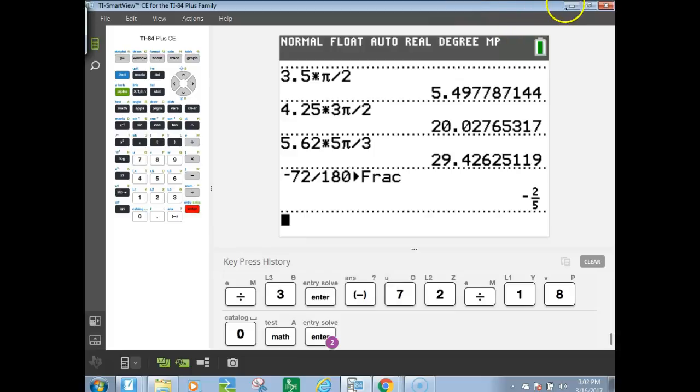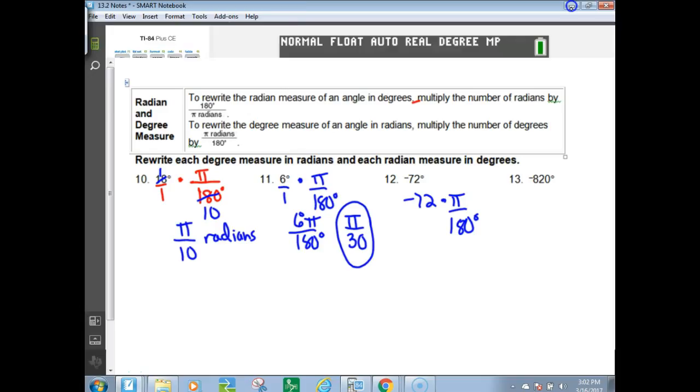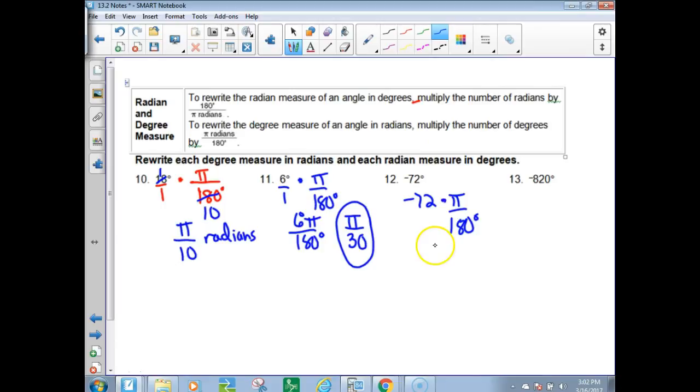Now, what didn't I type in? Yeah, I didn't do the pi stuff. So that was negative 2/5. And you can do negative 2 pi over 5 if you want, or you can put the negative 2/5 right in front of pi.